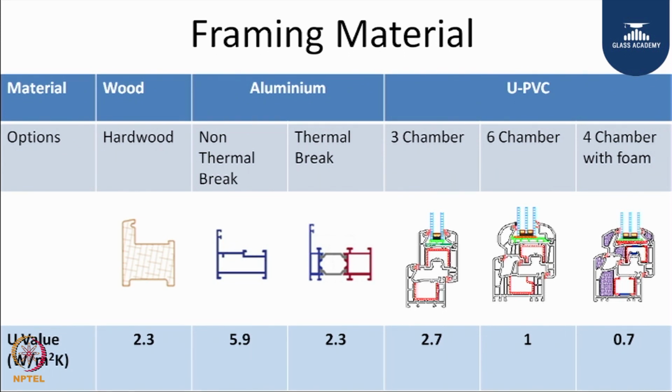However, if you go for 5 or 6 chambers with foam, you can go below 1 as well. So, a very low U value can be achieved in a PVC system with various multi-chamber configurations and foam insulation. This is a trend which has been seen more in Europe than India, but just to give you a perspective of the different types of framing used in the industry.